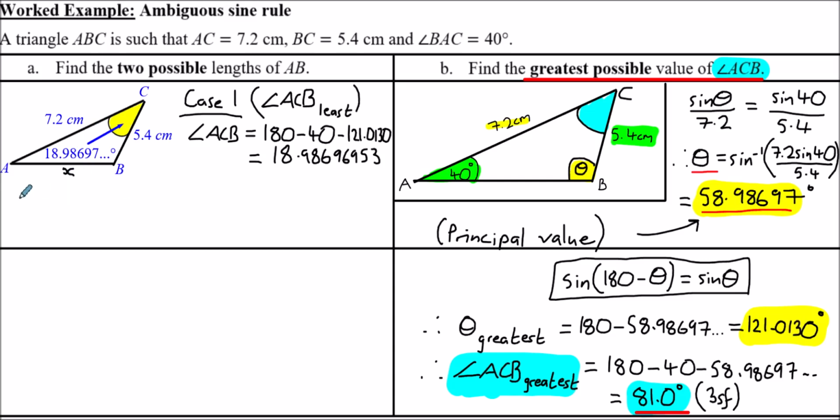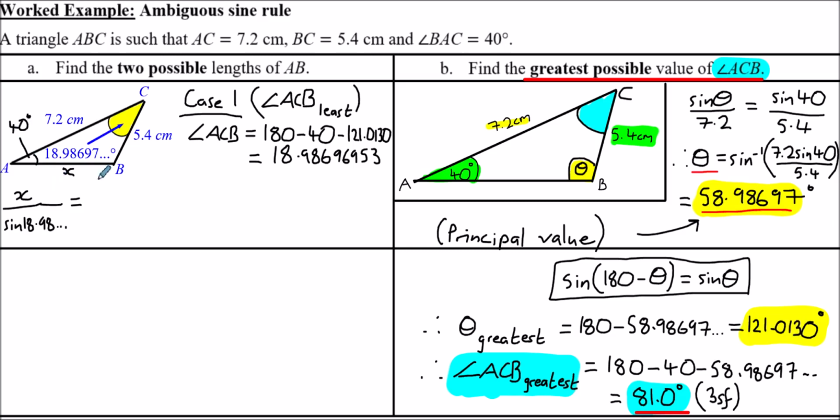Then we can say that x over sine 18.98, because obviously it's quite a long awkward number, equals one of these sides over the sine of an angle we do know. And so what I'm going to go for here, because you know that A is 40, that's probably the easiest one to know and to use.